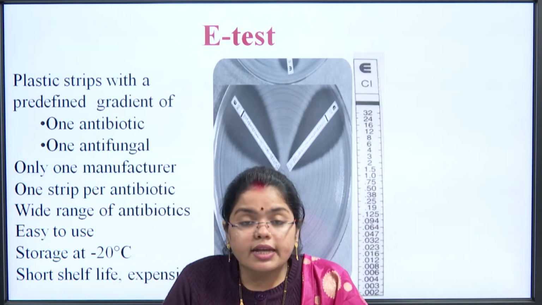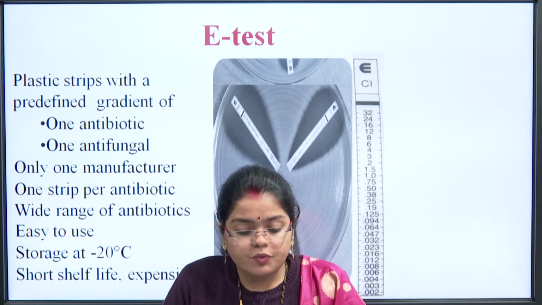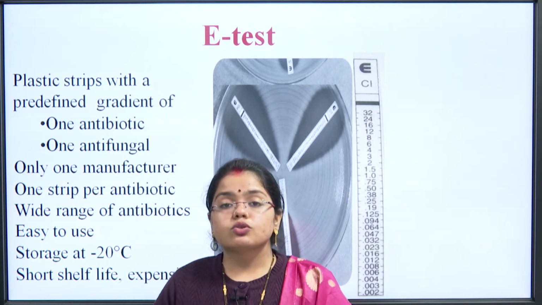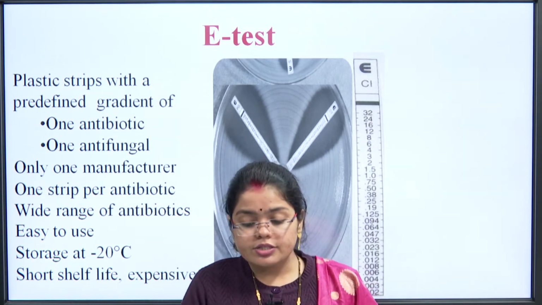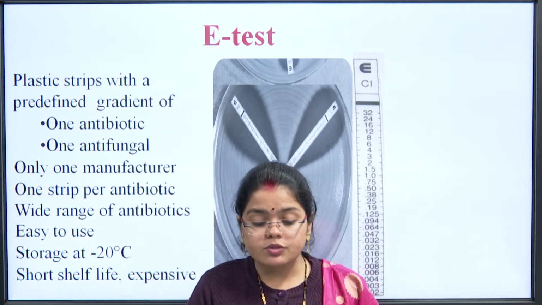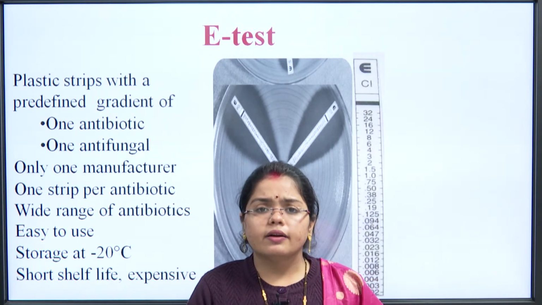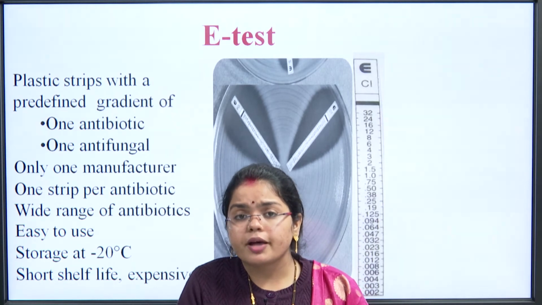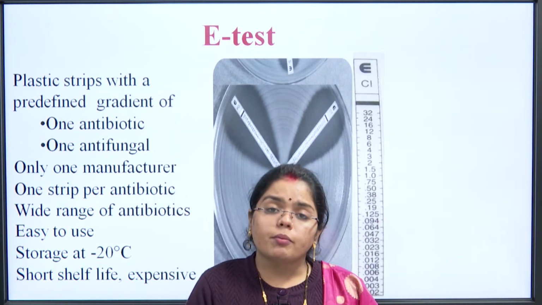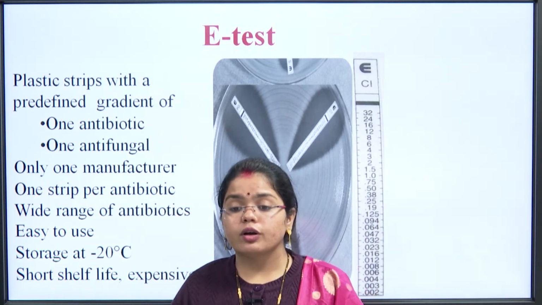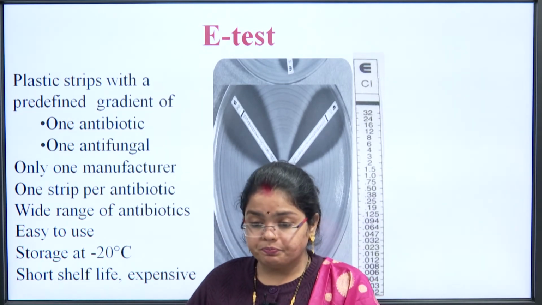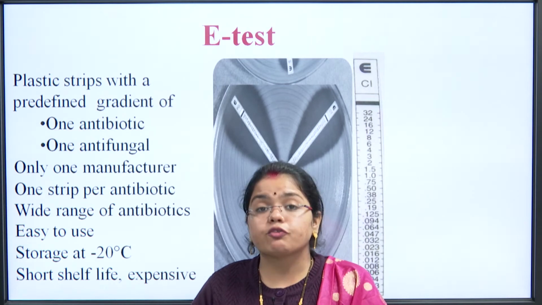So, what is the E-test? Plastic strips with a predefined gradient of one antibiotic and one antifungal agent. In this E-test, or epsilometer, there is one antibiotic. Which E strip has to be used depends on the requirement of our microorganism. Say we have taken a sample from a patient suffering from typhoid.